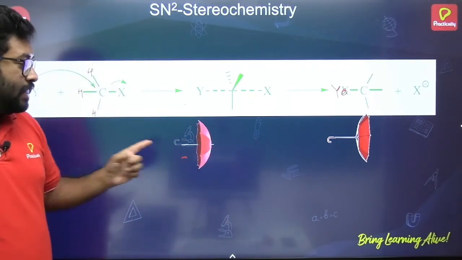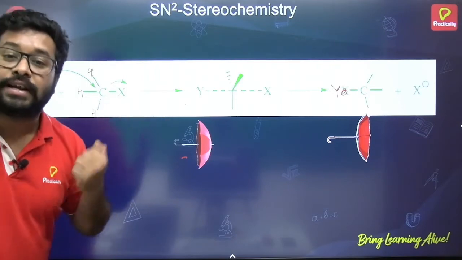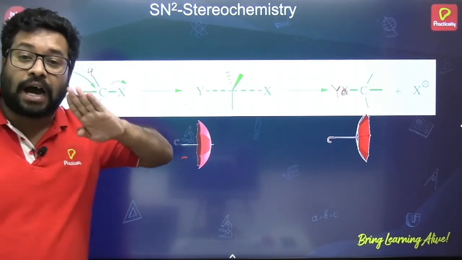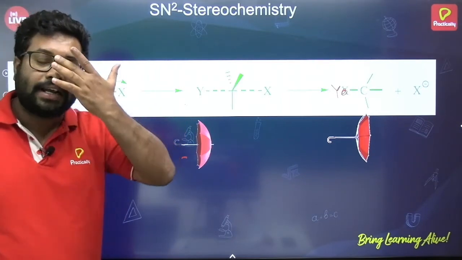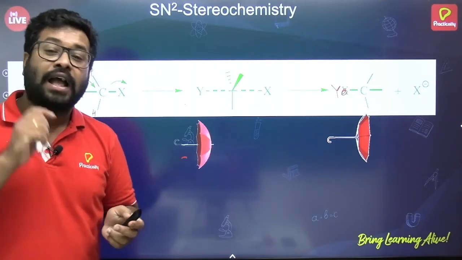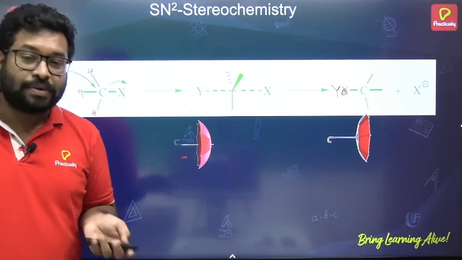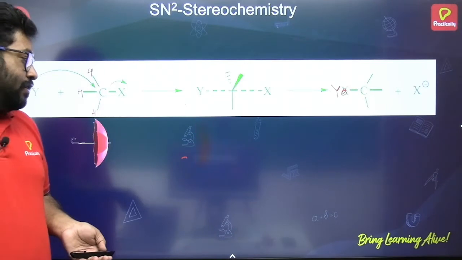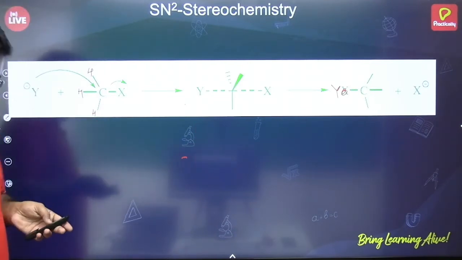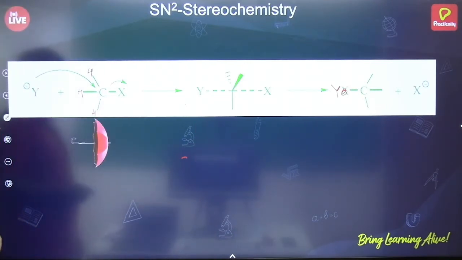You can see clearly, the umbrella has inverted completely. Now it is upside down. Upside down is what? It's an inversion. That is what happens in SN2. Let me show you once again. This is your substrate. Now the reaction has started.